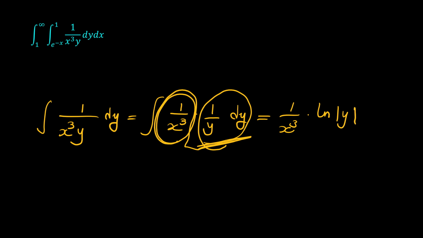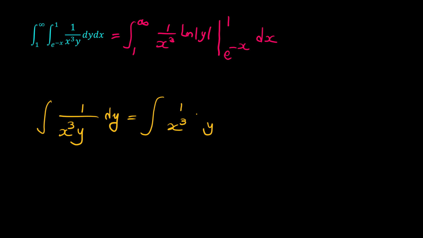Now that we know the answer of the inner integral, let's calculate this. Integral 1 to infinity. Integral of 1 over x to the 3y is 1 over x to the 3 ln of y, 1 over x to the 3 ln of y from e to the negative x to 1 dx.